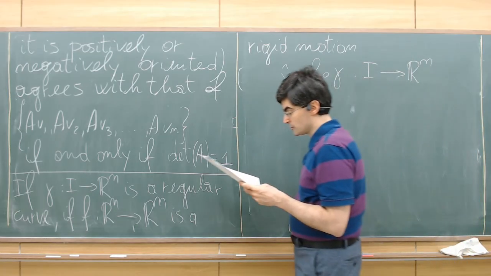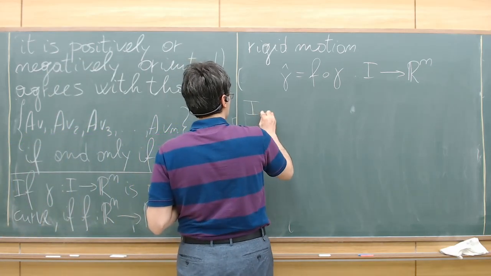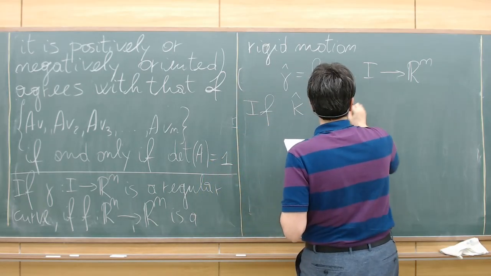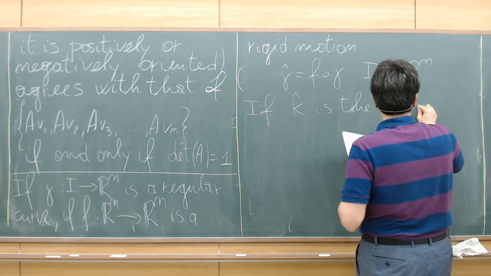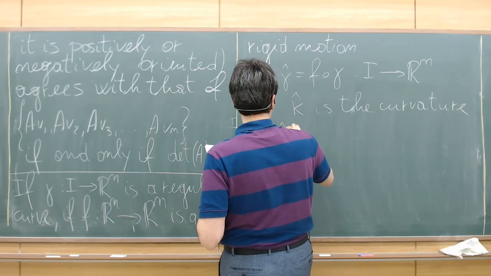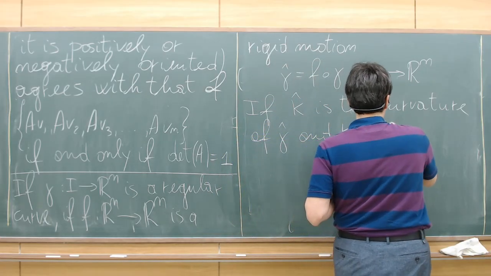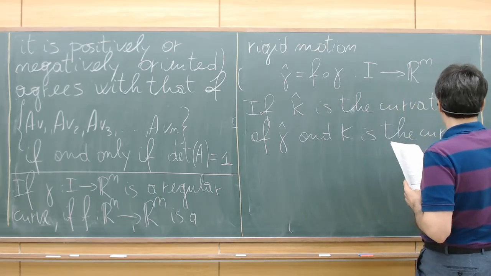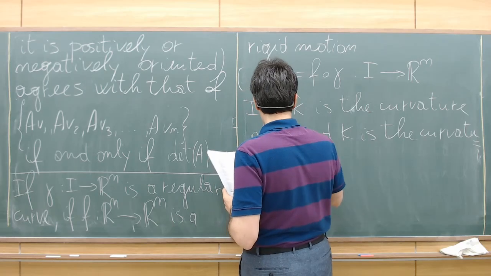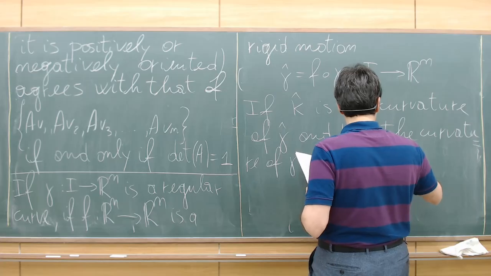And Proposition 1.64 says that if k hat is the curvature of gamma hat and k is the curvature of gamma, then k hat is equal to k.